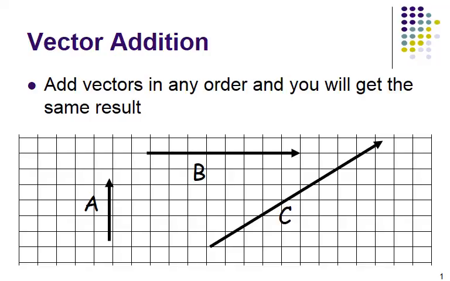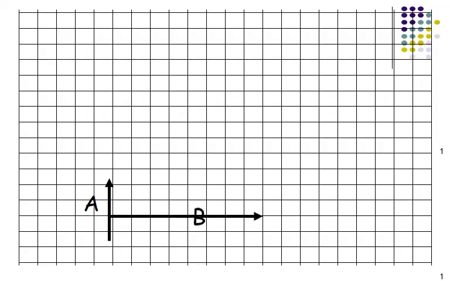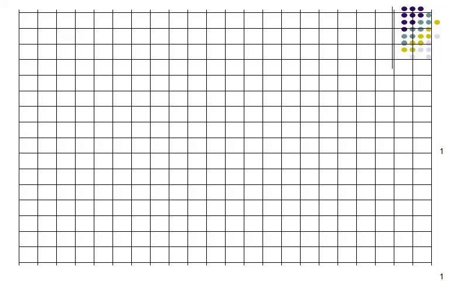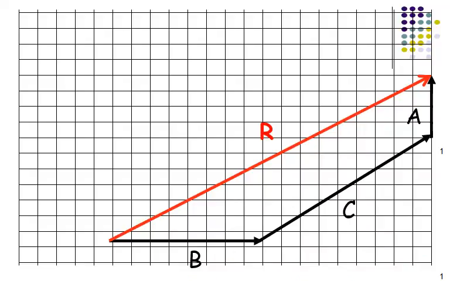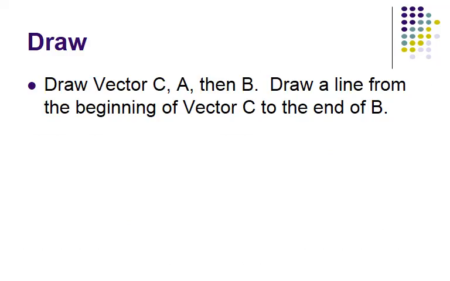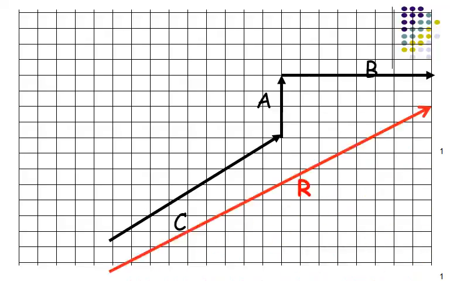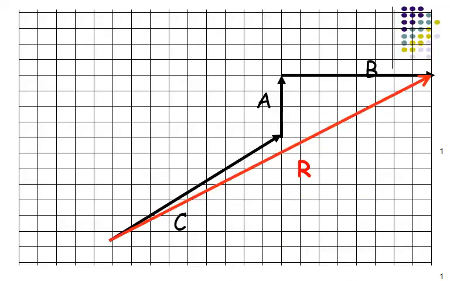So let's get some practice here. If we add these three vectors, vector A plus vector B plus vector C, we get here vector A plus B plus C, and we have the resultant there, right? Likewise, if we do vector B, then C, then A, we get the same resultant vector. And then if we have vector C, then vector A, then vector B, and we draw the resultant, we've got that there.